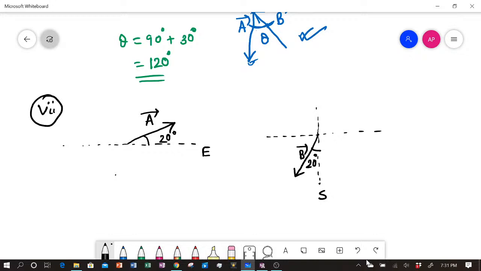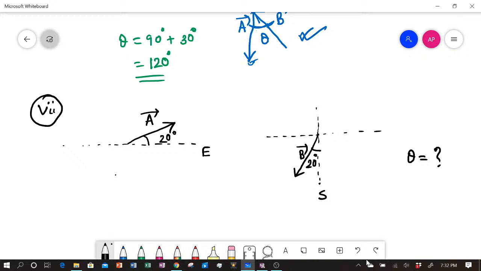Then what would be the angle between them? Calculate the angle theta between them. If A vector is 20 degree from east and B vector is 20 degree from south as shown in the figures, then how much would be theta?